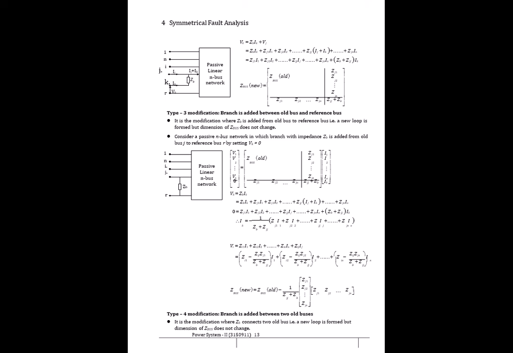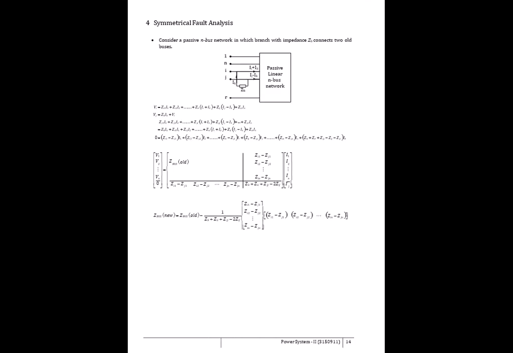And type 4 modification is a branch added between two old buses. These are all the modifications that arise in the Z bus. Whenever any type of modification is asked in the exam, write all the calculations and mathematical calculation as well as the figures. So this is it for your chapter number 4.